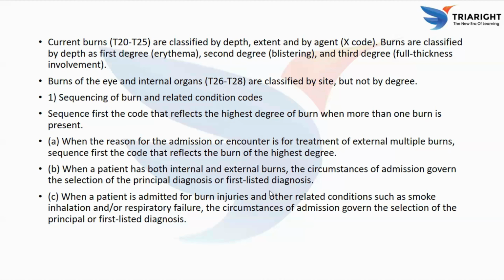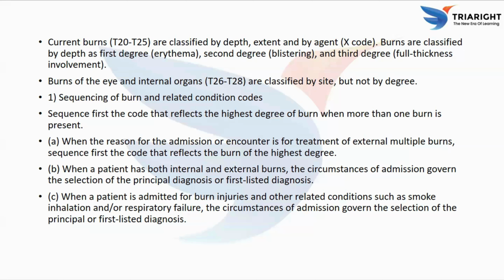In the third condition, burns with related conditions such as smoke inhalation and or respiratory failure. When burns occur with conditions like smoke inhalation and acute respiratory failure, the circumstances of admission determine the sequencing. For example, admission due to respiratory distress, you have to code the respiratory failure first.